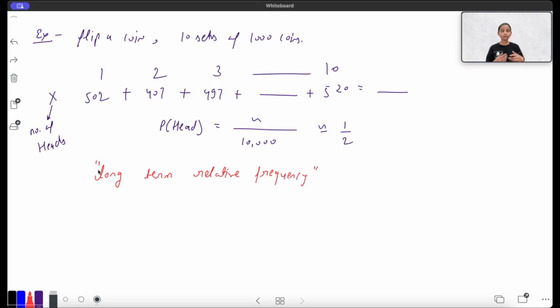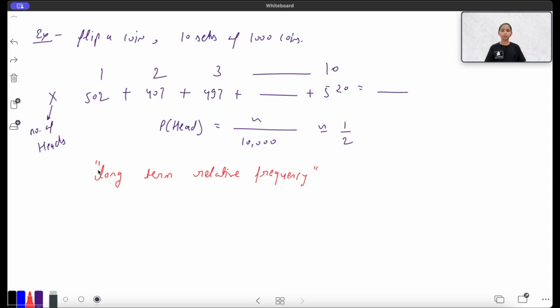That means when we say that the probability of head is approximately 1 by 2, we actually mean that the long term relative frequency of getting heads is going to be 50% or 1 by 2. Understood? That's the main reason why we say that the probability of head is 1 by 2 or the probability of tail is 1 by 2. Okay?